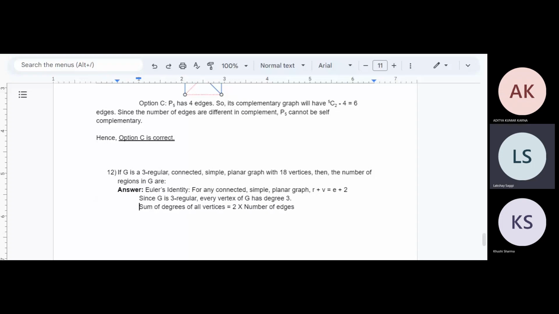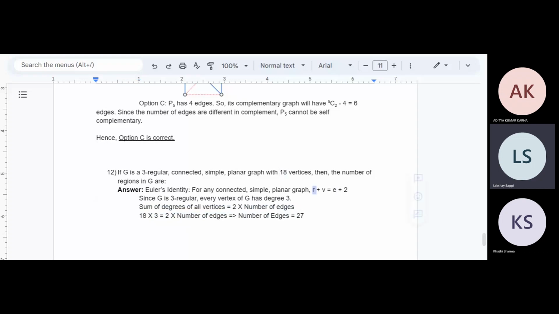From this equation we can find the value of E, which we did not know. Since there are 18 vertices and each has degree 3, the sum of degrees is 18 times 3, which equals 2 times the number of edges. So 54 equals 2 times the number of edges, and the number of edges is 18 times 3 divided by 2, which is 27.